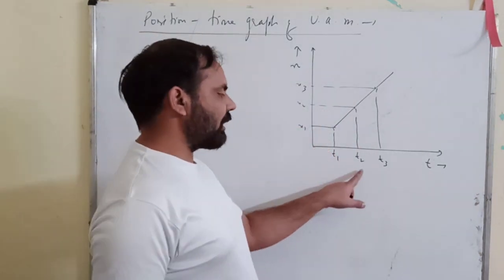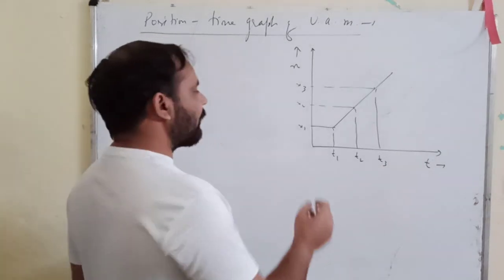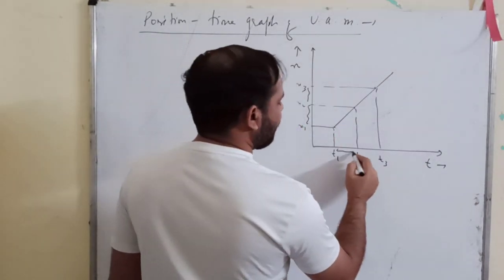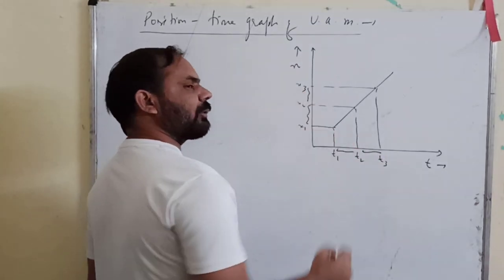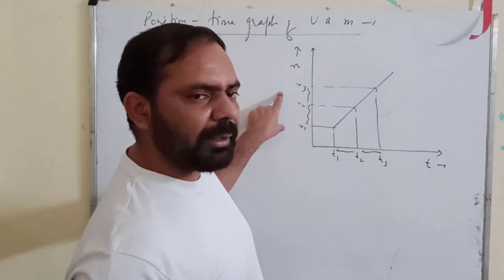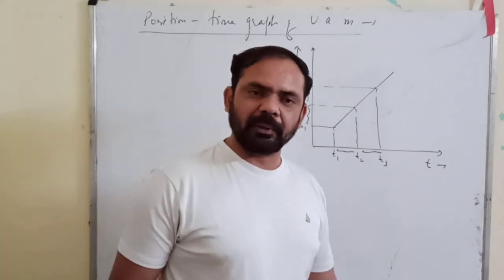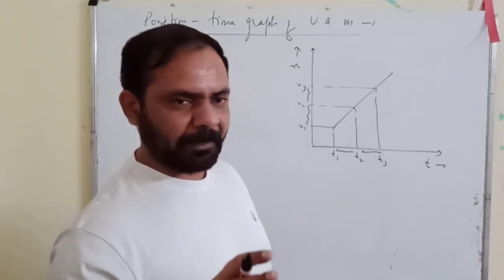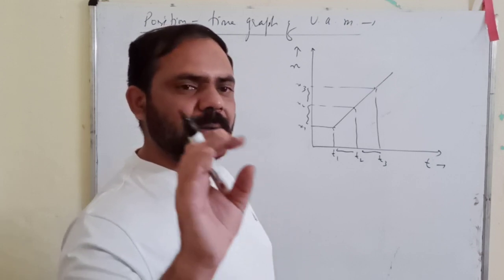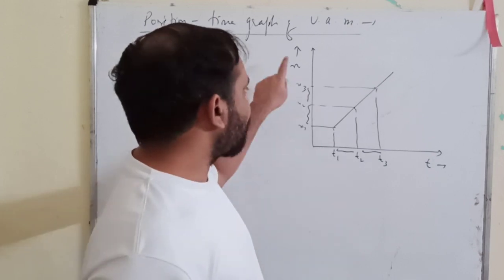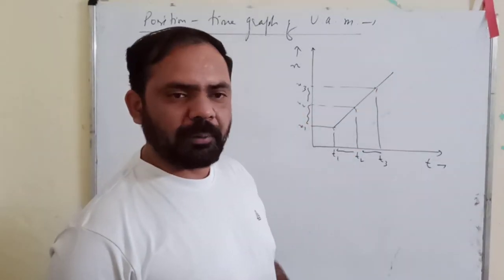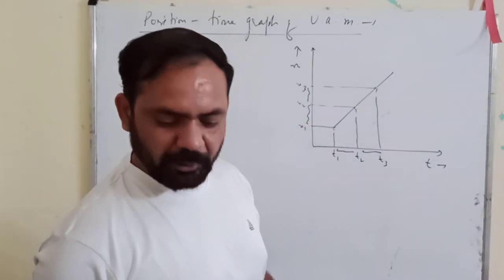If t1 equals t2 equals t3, then this gap is equal to this gap. If these gaps are equal, it means equal displacement in equal intervals of time. This type of motion is uniform motion. Okay, uniform motion means with constant velocity. So an xt graph with a straight line represents uniform motion, motion with uniform velocity.